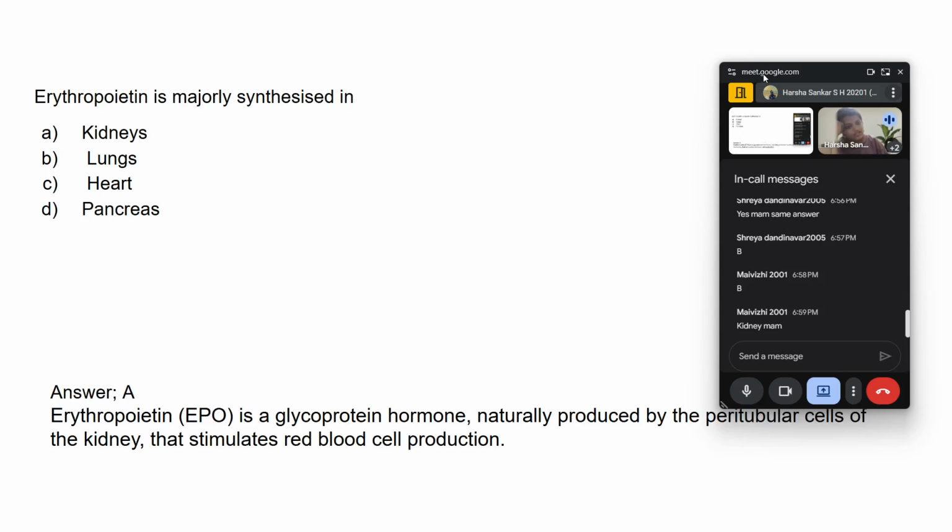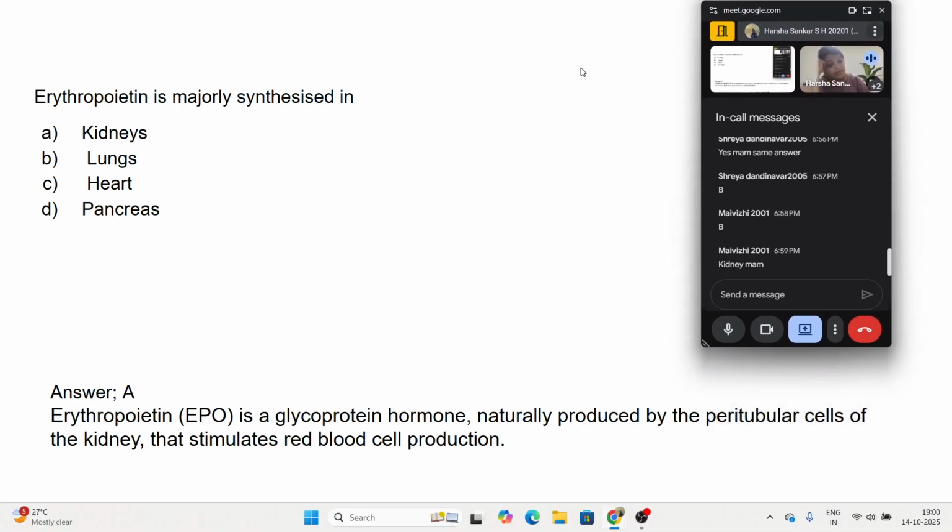It can also synthesize renin, and remember the kidney's mechanism: the renin, angiotensin, aldosterone system, how it maintains homeostasis and blood pressure, all these things. The kidney can also synthesize EPO. It's a glycoprotein hormone. It is mainly synthesized from the peritubular cells of the kidney, which stimulates red blood cell production.